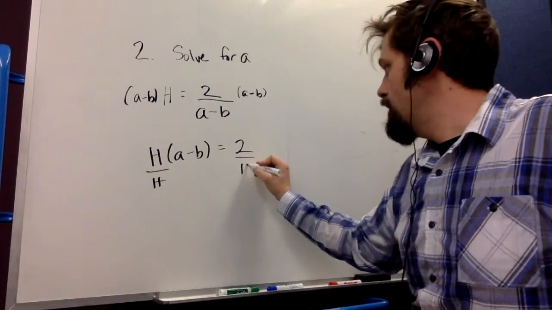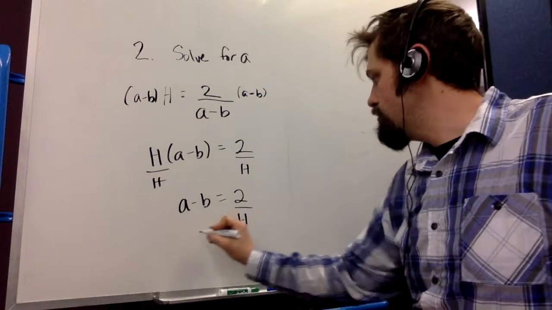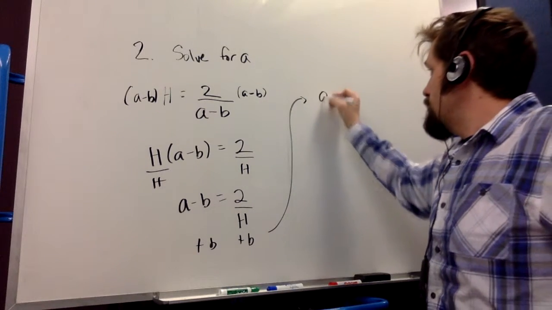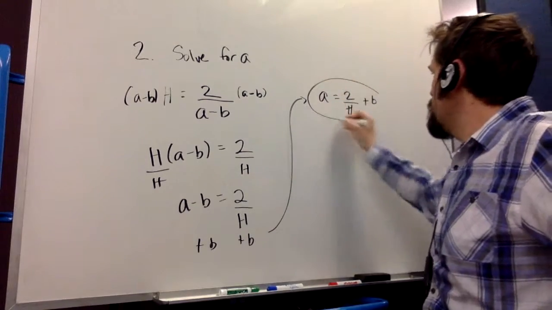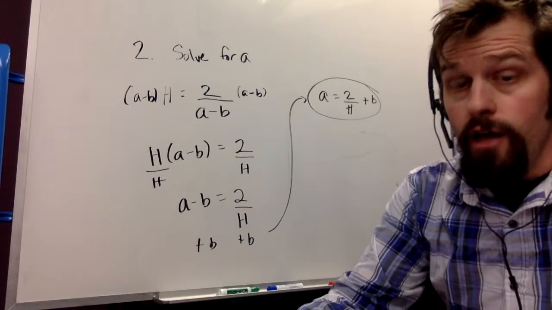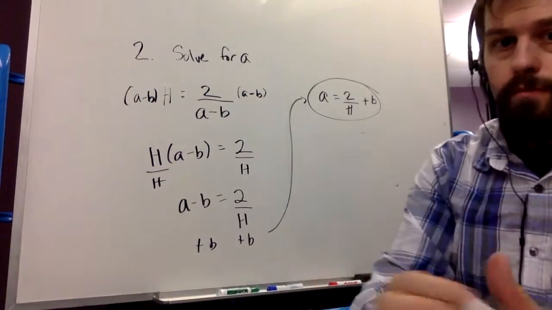Divided both sides by h, a minus b equals 2 over h, add b to both sides, and you get a equals 2 over h plus b. Now if you back the video up, you'll see that that's the same equation that we got using the distributive property in this step right here.